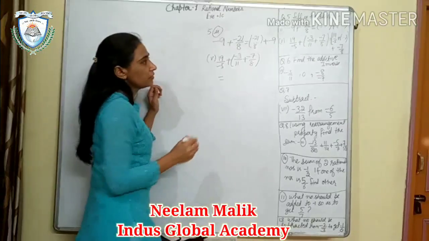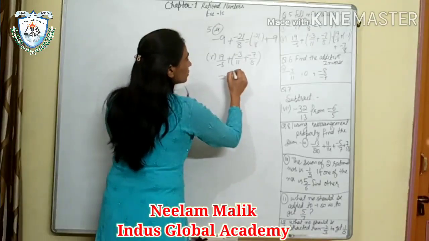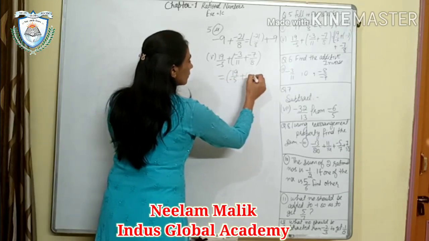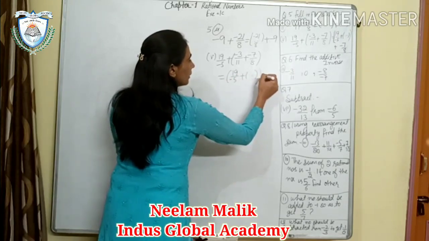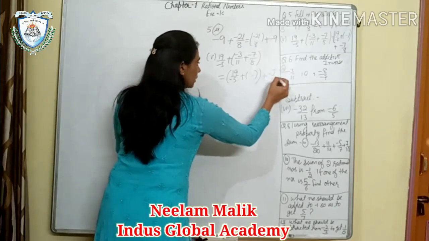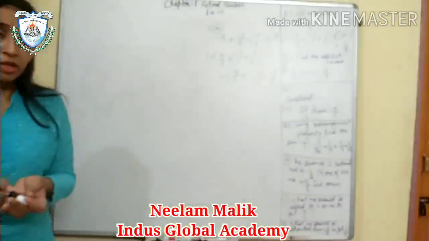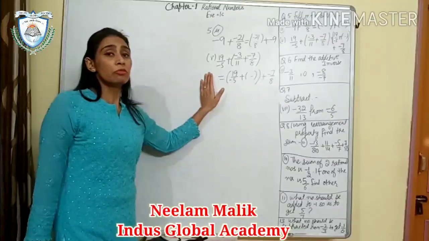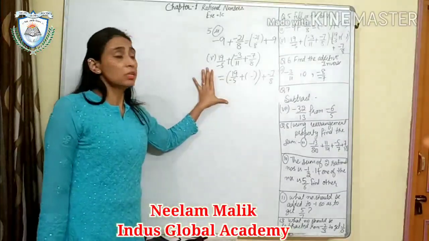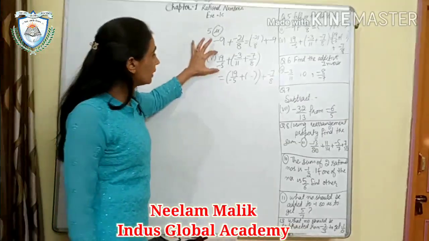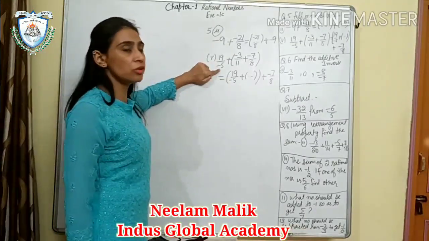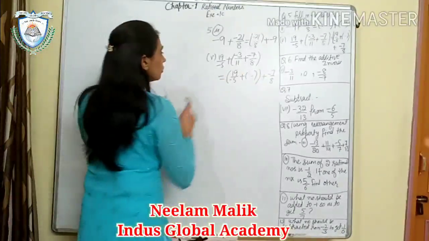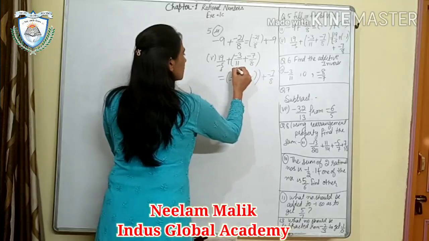On the right hand side, it is given 19 upon -5 plus a blank, and plus -7 upon 8. This is your associative law. In the associative law, we do a calculation on three rational numbers. So here 19 upon -5 is your A, this is B, this is C.